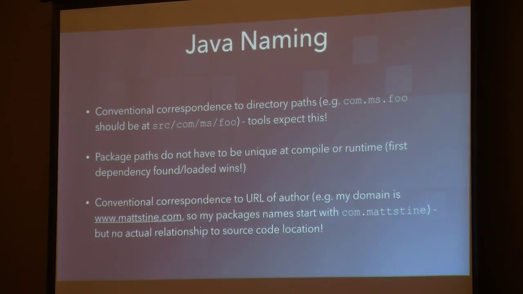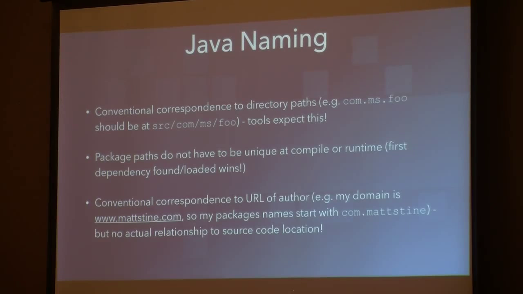I can have, at compile time, two different jars that have the same class in them, same method name, different signature. I write code that depends on one signature, I swap the order of those things in the class path, and my code compiles this way, but it doesn't compile this way. That's evil.